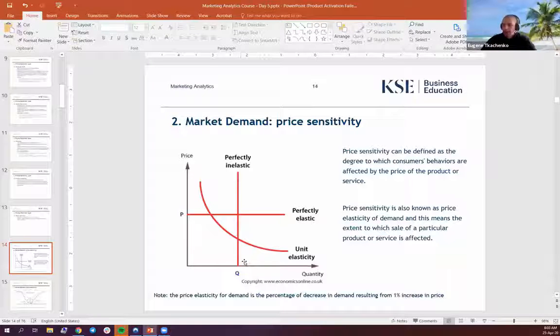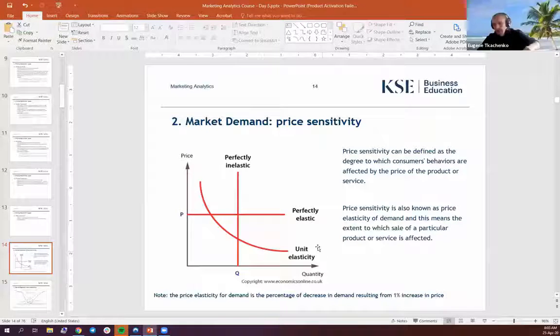So whatever the price you decide to charge for that product, you will be able to sell only 4 cars in a year, for example. And when we're talking about unit elasticity, it's very common for all the remaining products.